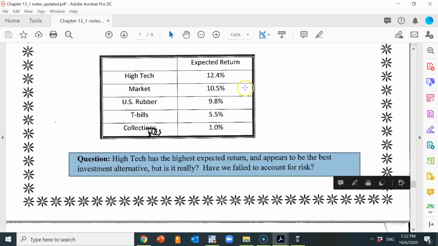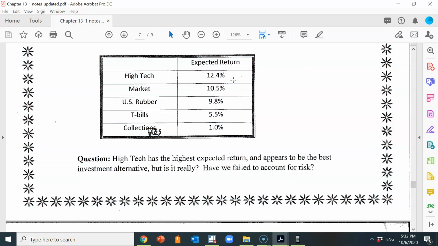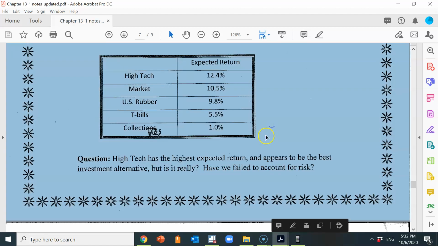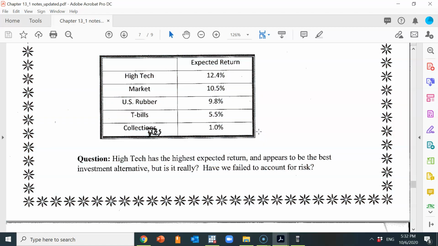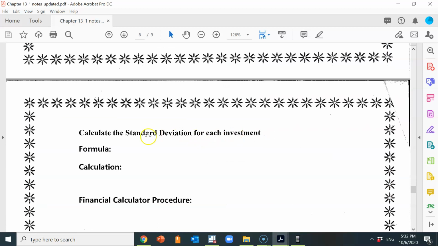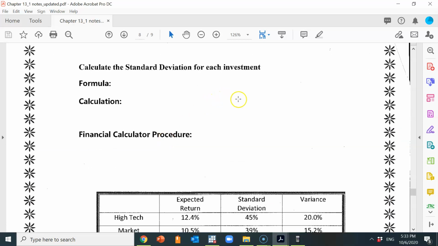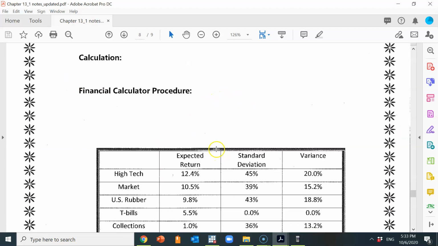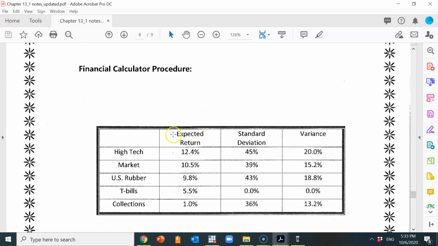High-tech has the highest expected return and appears to be the best investment alternative. But is it really? Have we failed to account for risk? So not only calculating for expected return, we also need to use either the formula or calculator to calculate standard deviation for each investment. You can, again, do that after you watch this video. Or you can pause the video now to calculate these.